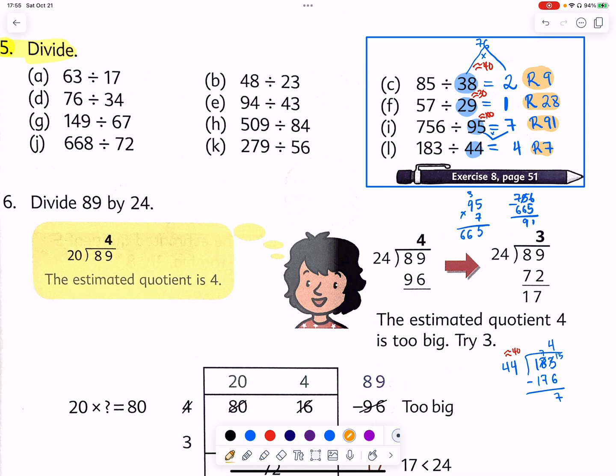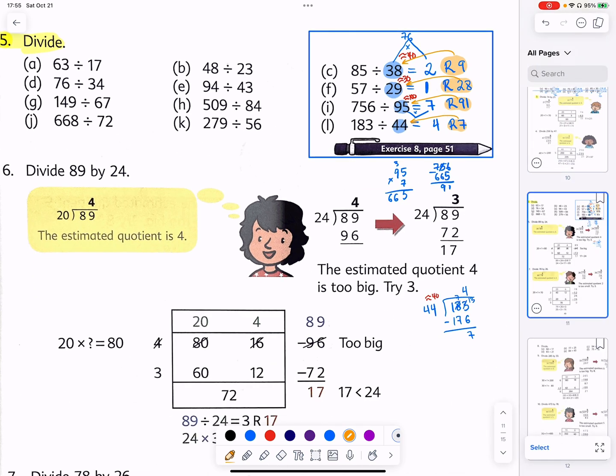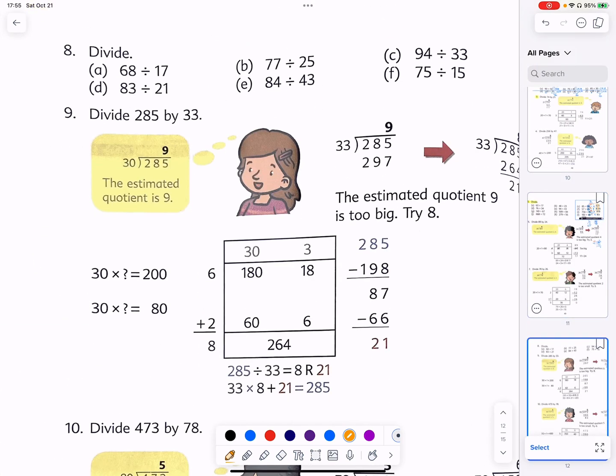Look at that. 9 is less than 38. 28 is less than 29. 91 is less than 95. And 7, of course, is less than 44. The remainder should always be smaller than the divisor. Okay? All right.